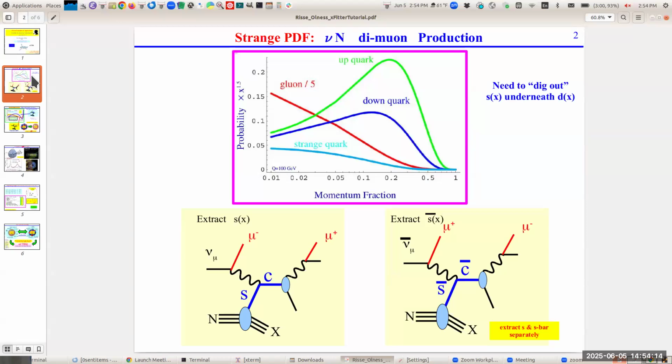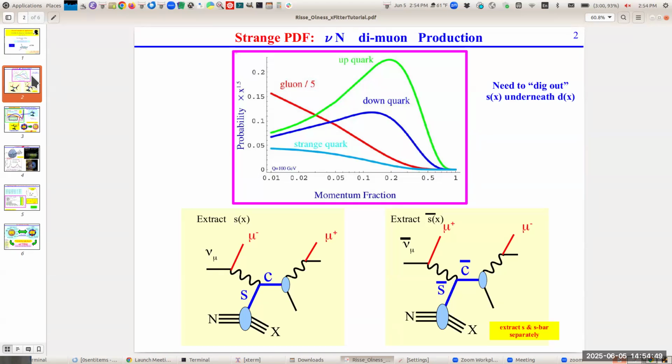And so at Fermilab, the NuTeV and CCFR experiments found a good way to do this. What you do is neutrino deep inelastic scattering. You take a neutrino, you hit it on a nuclear target, and in the case where you hit an S quark, you turn it into a charm. Then about 10% of the time, the charm will decay semi-leptonically, it'll emit a muon. Then you count the number of opposite charge muon pairs versus the total number of muons you get out.